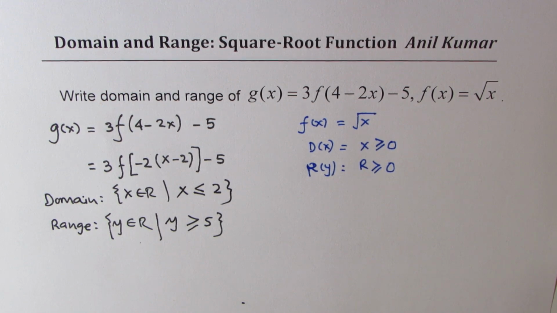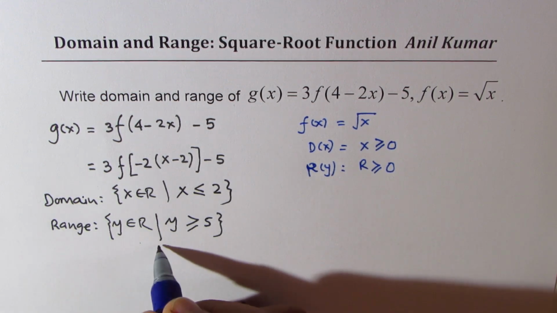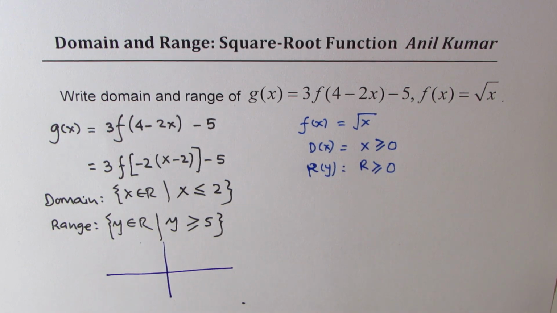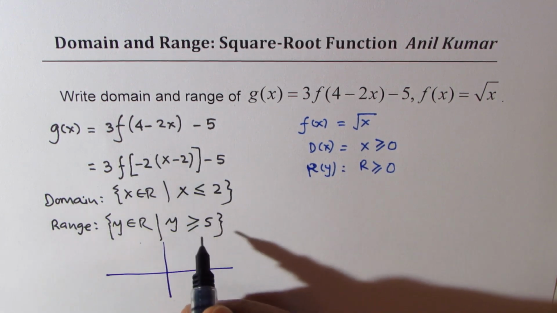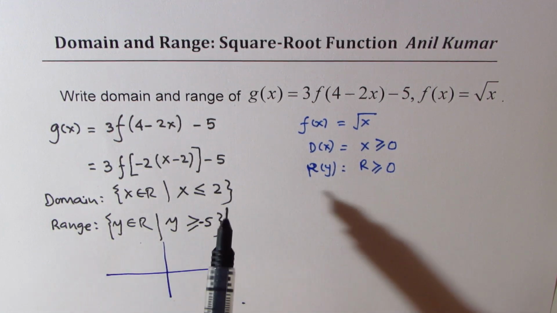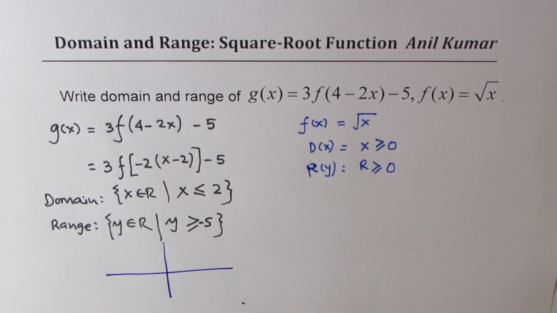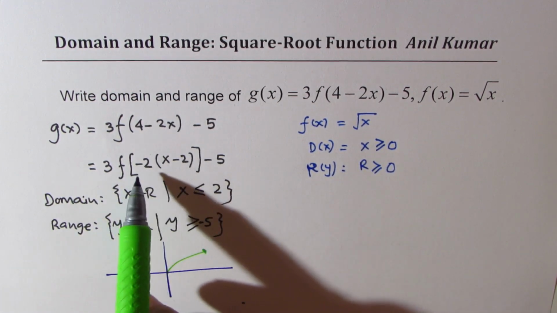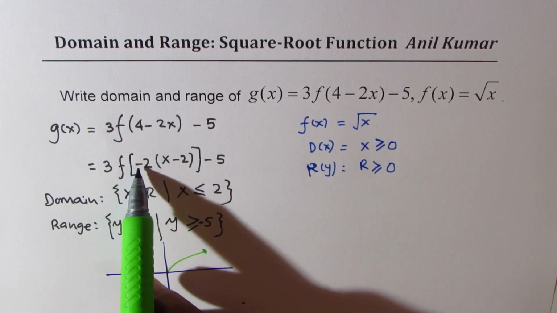So if you try to sketch this function, what you're going to get is, this is minus 5. The original graph of square root x is vertically stretched and then reflected, right?